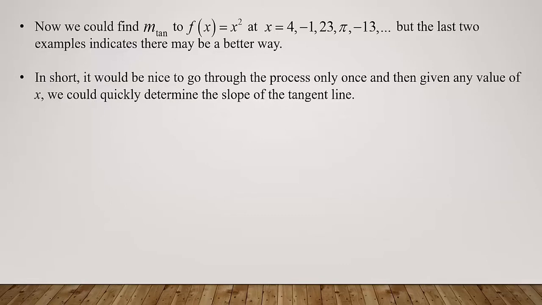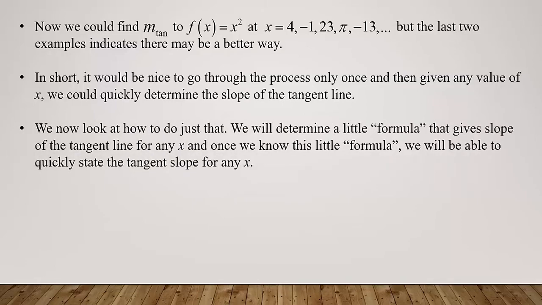In other words, it would be nice if we could go through that process that we did in the last example just one time, and then given any value of x, like x is 4 or -1 or 23, we could quickly determine the slope of the tangent line. So we are now going to look at how to do just that.